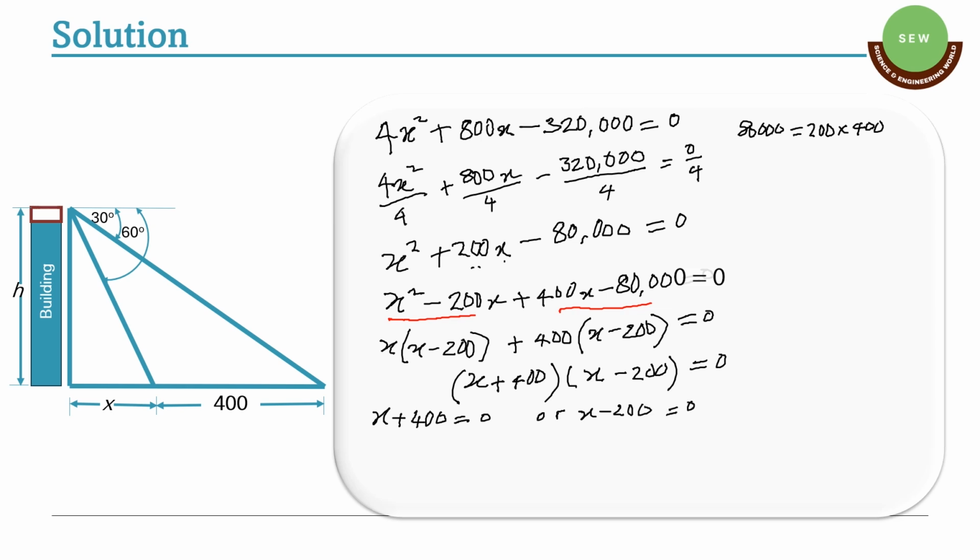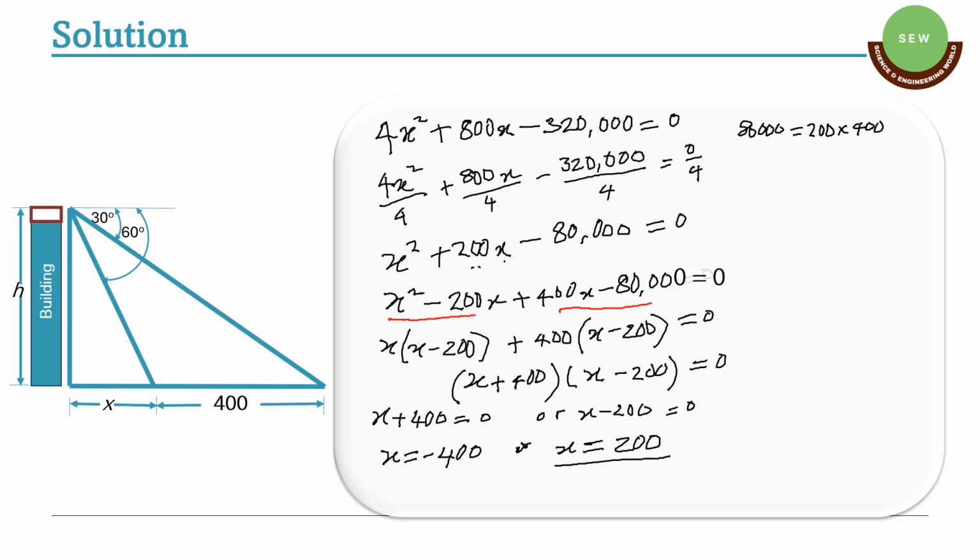Now we have x equals to minus 400 or x equals to 200. Now the length cannot be minus, so we're going to take x equals to 200.